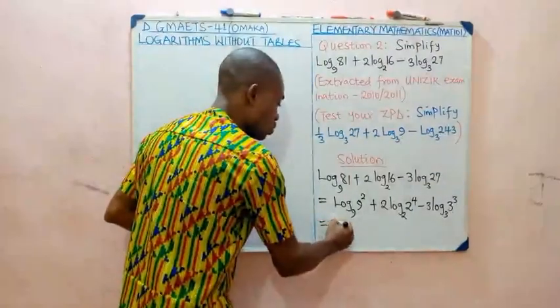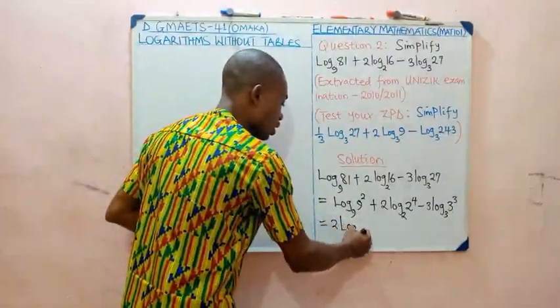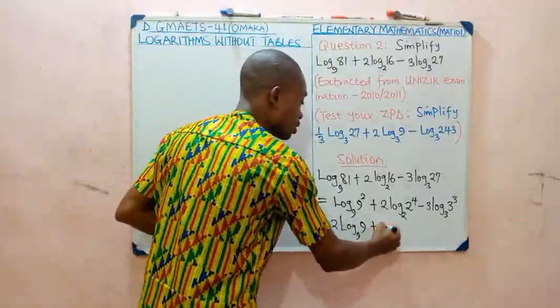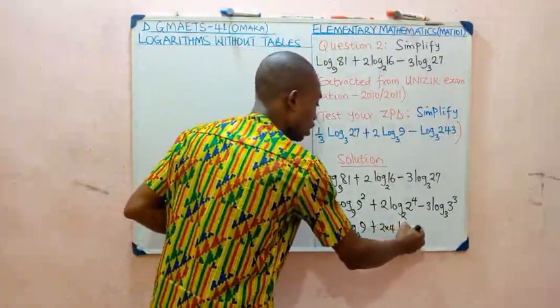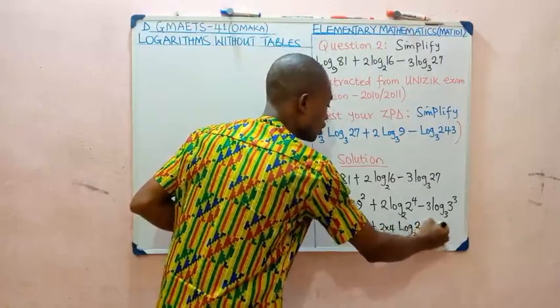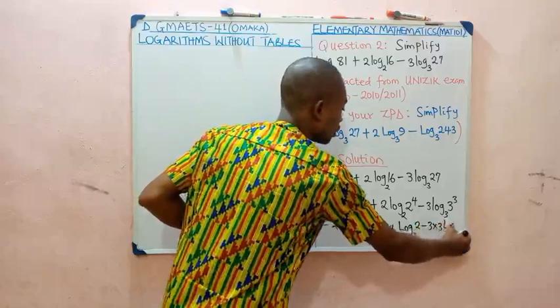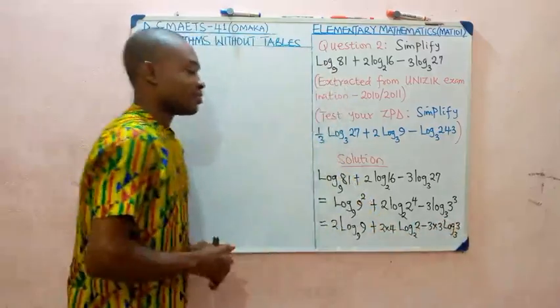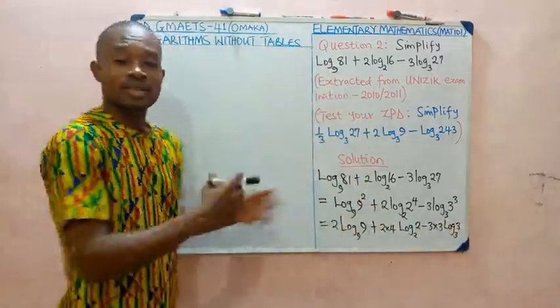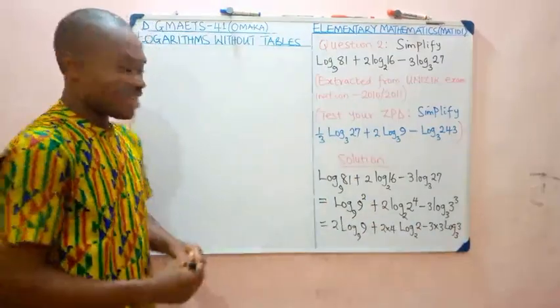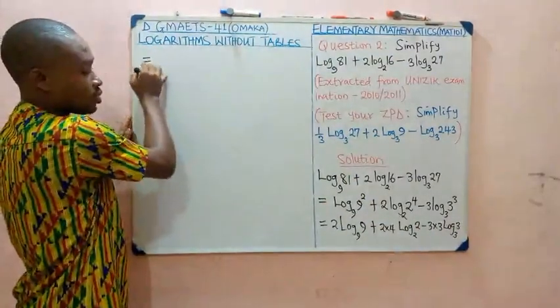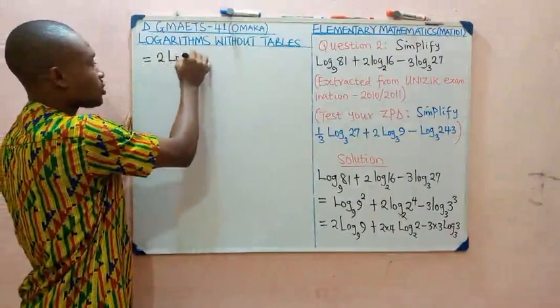And that's going to give us 2 times log 9 base 9, then plus 2 times 4 log 2 base 2, then minus 3 times 3 log 3 base 3. I've used the powers to multiply the logarithms from the back. So let's see what we're going to get. Let me still show my workings.